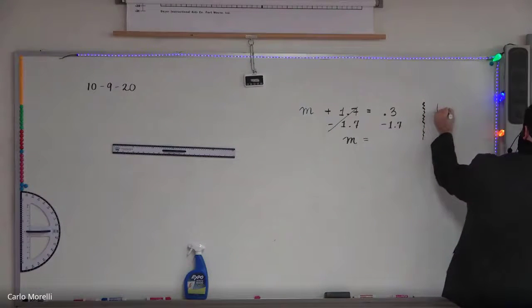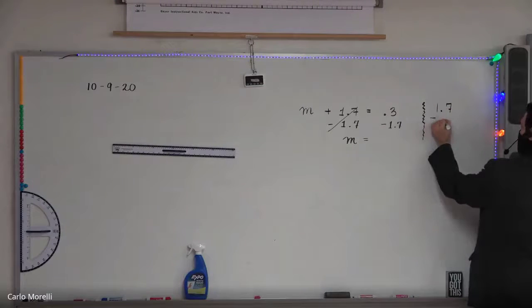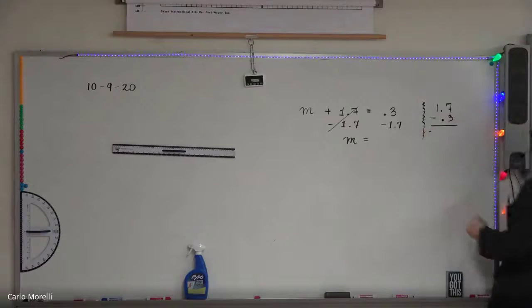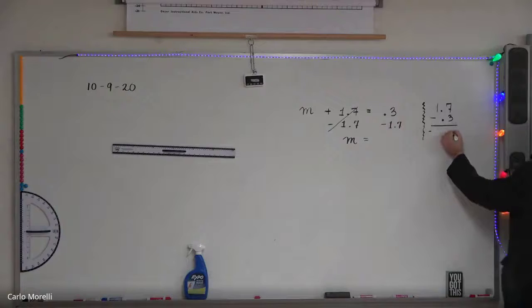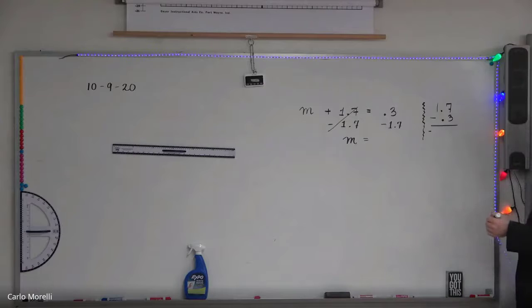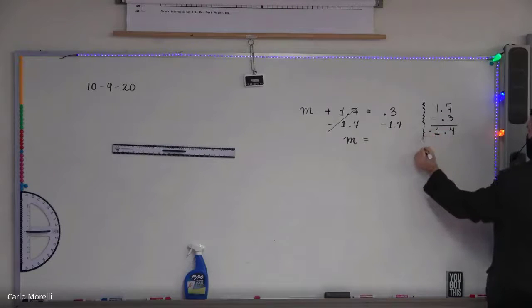So what we really need to do over in side work is do 1.7 minus 0.3, but then we need to make our answer negative, okay? So 7 minus 3 is 4. 1 minus nothing, 1.